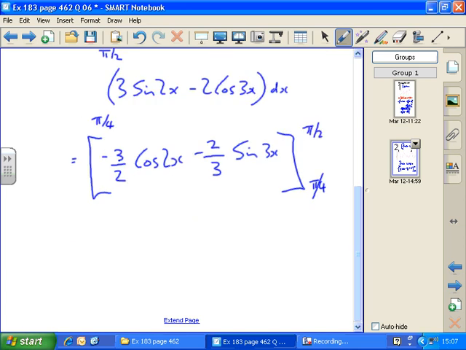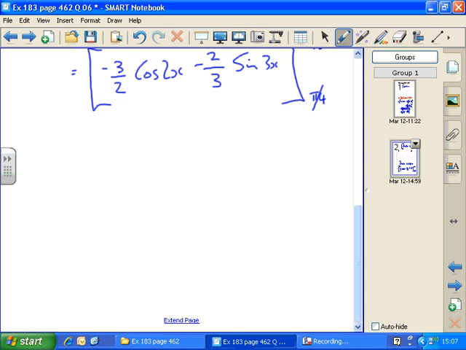This time there's no constant we can take outside the square bracket, so we just plug the numbers in, putting the limits in pi by 2 and pi by 4. So it's a bit more of a complex one to set out.